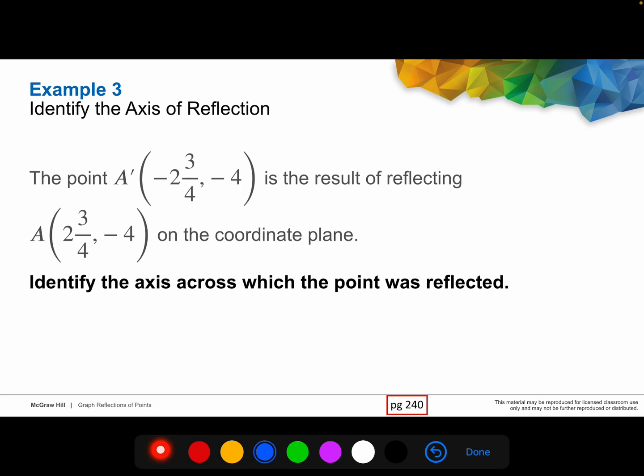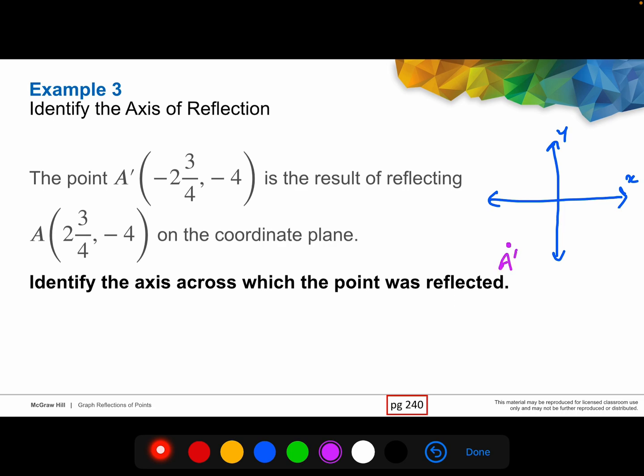So let's take a quick look and locate these points first of all. This is my coordinate plane. This is my y-axis. This is my x-axis. With x as -2 3/4, comma -4, it's probably going to be around here. I'm not drawing this to scale. This is my point A prime.